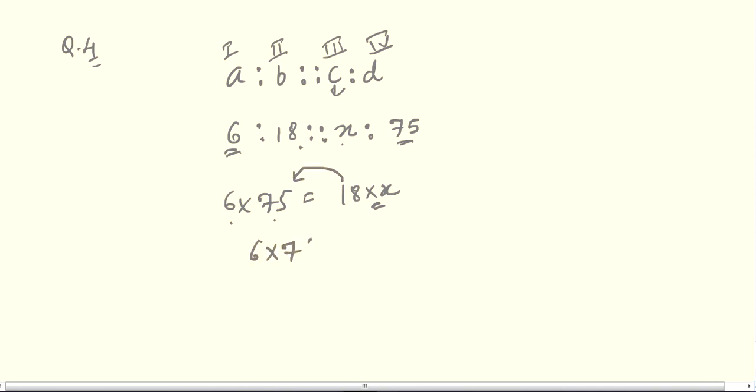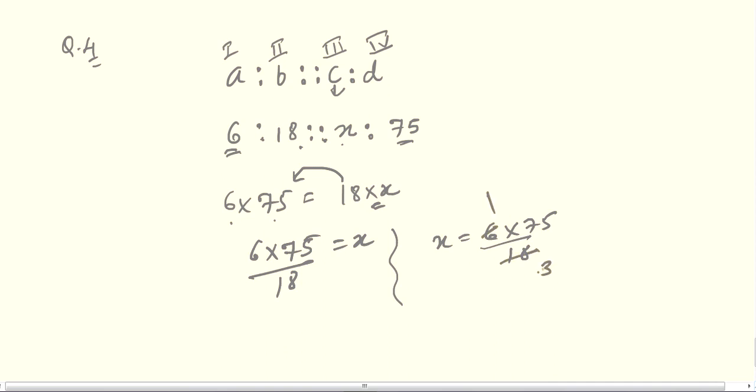So 6 into 75 divided by 18 equals X. You can exchange: X equals 6 into 75 divided by 18. 6 1s are 6, 6 3s are 18, 3 1s are 3, 3 25s are 75. So finally our third term is 25.